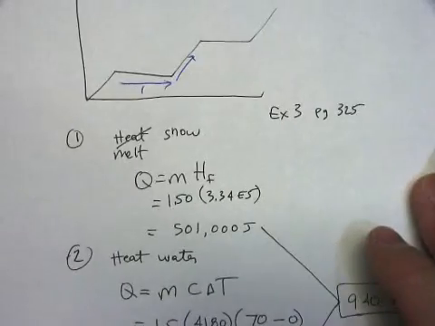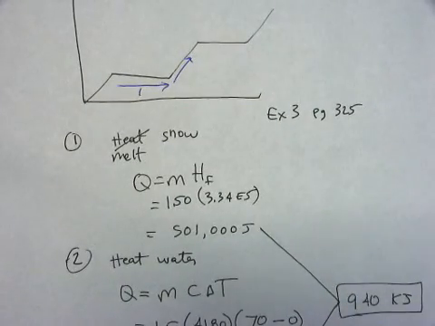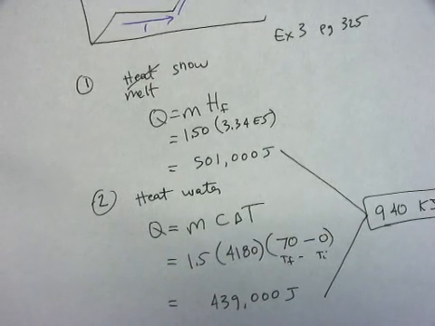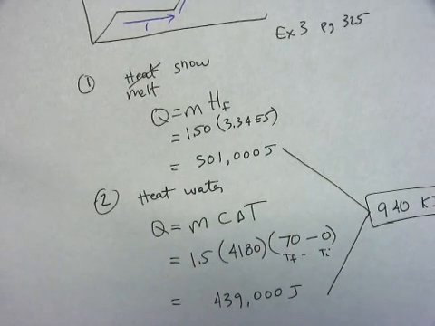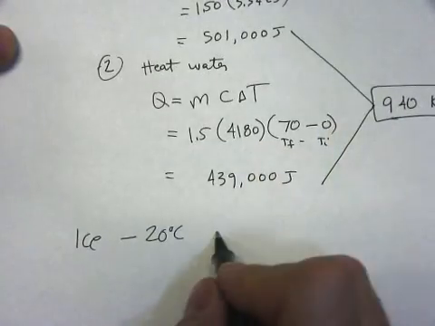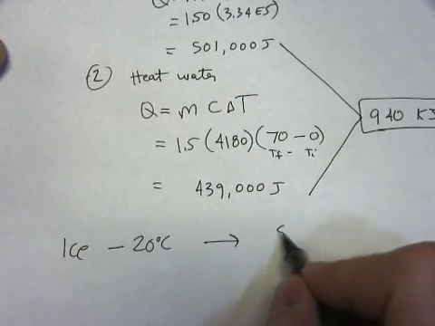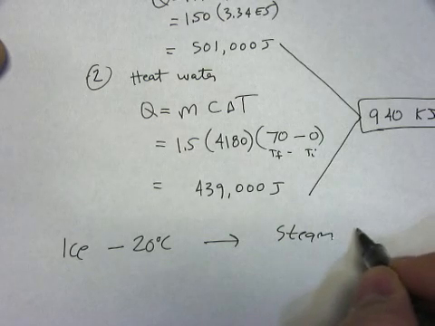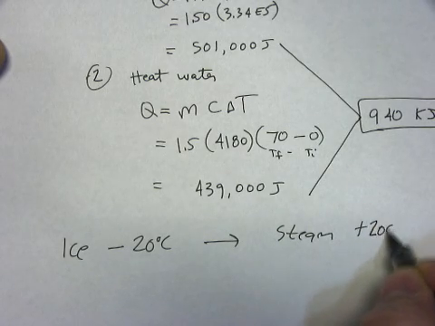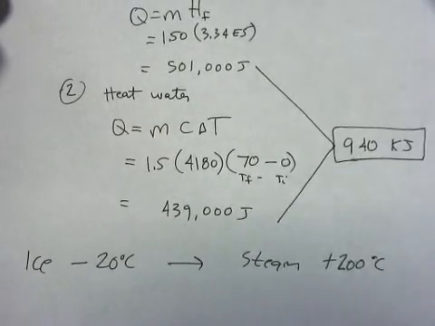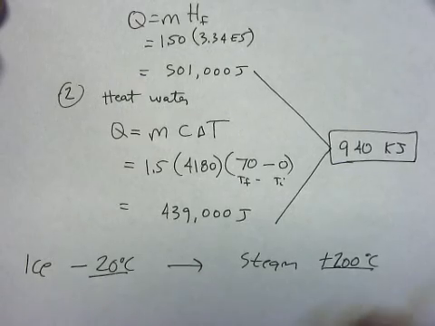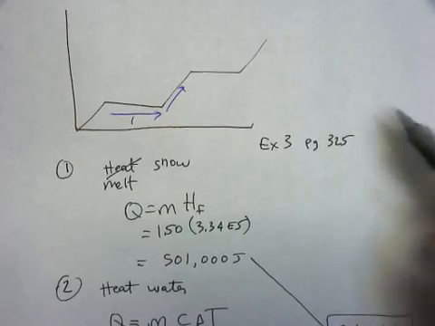Now, you can get really, really nasty problems too that are literally 5 steps long. Like, what if I had ice at negative 20 degrees Celsius and I wanted to change that into superheated steam at a positive 200 degrees Celsius. This problem, going from cold ice to hot steam, is a 5-step problem.